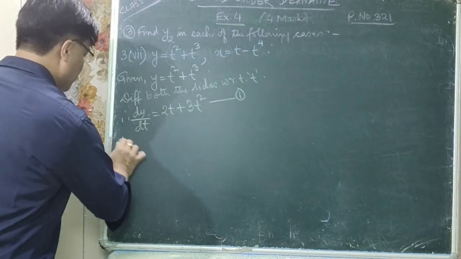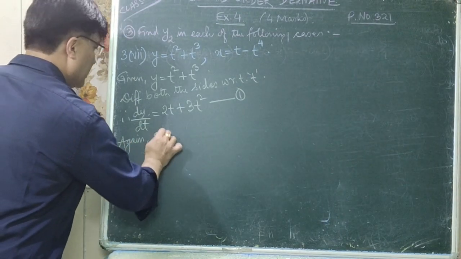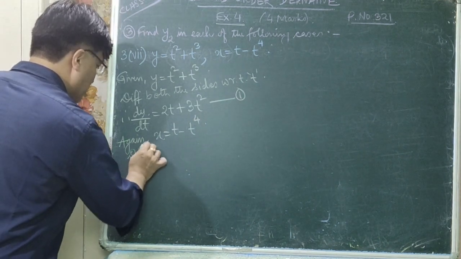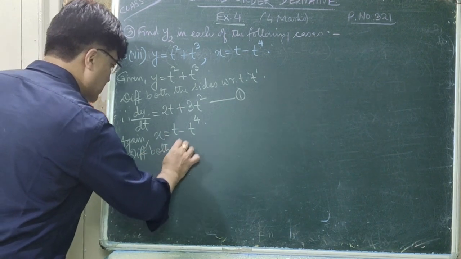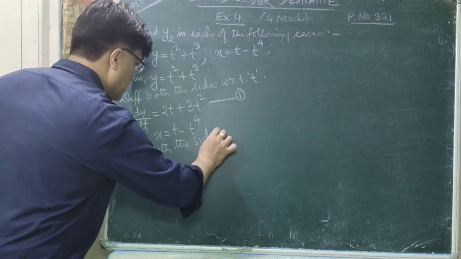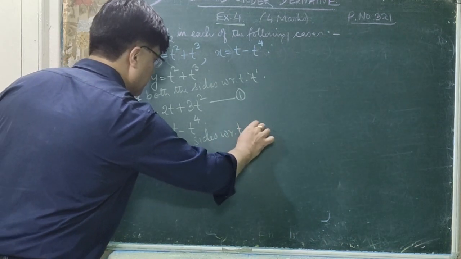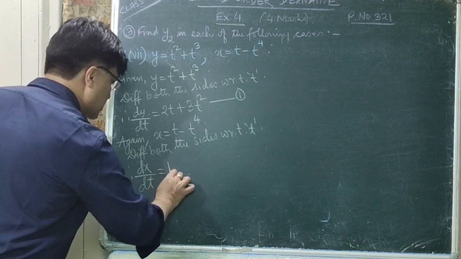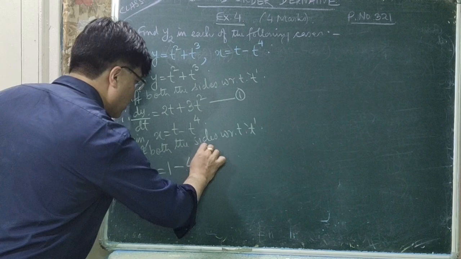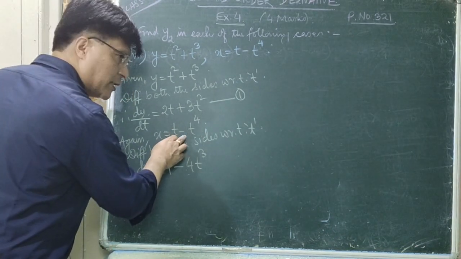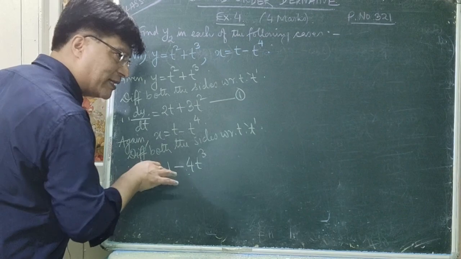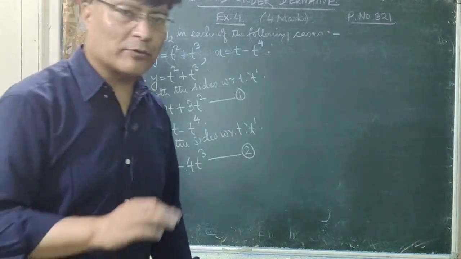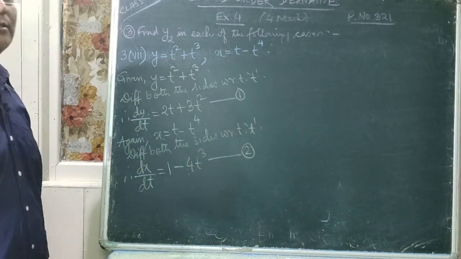Again x is equal to t minus t to the power 4, right? So here also differentiating both the sides with respect to t, this is your dx by dt is equal to 1 minus 4t cube. 4 becomes the coefficient, and the power is decreased by 1, that is cube. So this is your number 2. Is that clear?